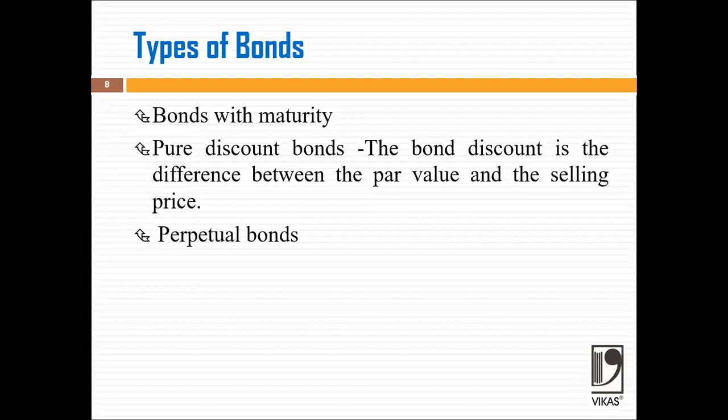There is no maturity for that bond. For the lifetime, you can get interest from that bond. In that bond, you can find the coupon rate, interest rate, and the face value, but you can't find the maturity period. Right?